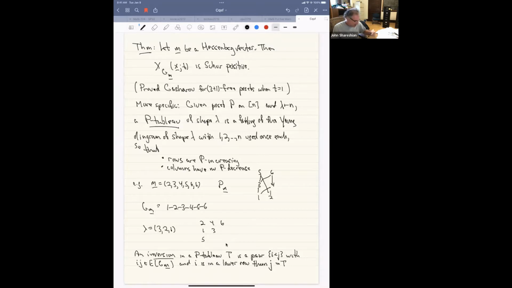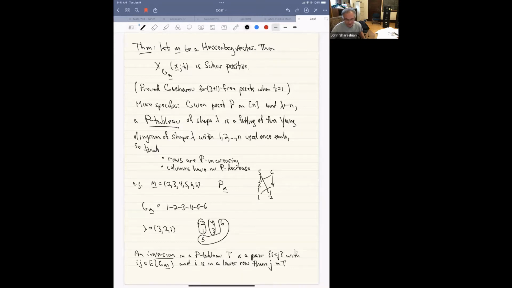In this tableau, we have this inversion here, this inversion here, and this inversion here. The edges just go from I to I plus 1, so we're looking for pairs I, I plus 1 such that I lives below I plus 1.